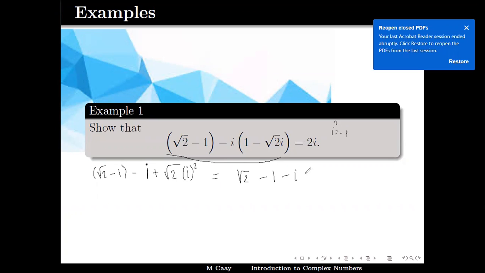I'm sorry, is this really okay? Square root of 2 minus 1 minus i, minus, okay, sorry for that. It should be minus 2 square root of 2.